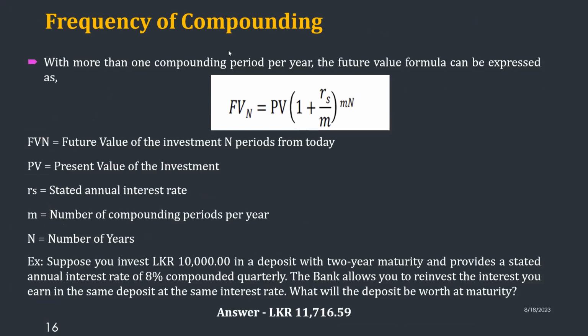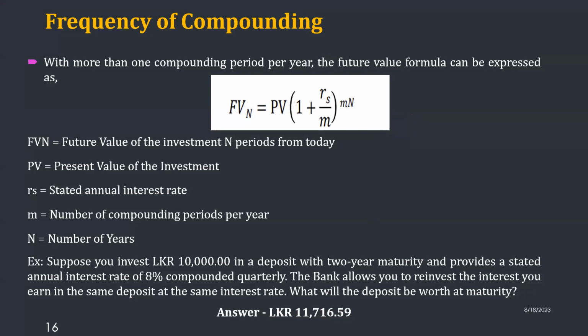Looking at the previous slide as well, the previous formula is used if the frequency of compounding is only one time per year.